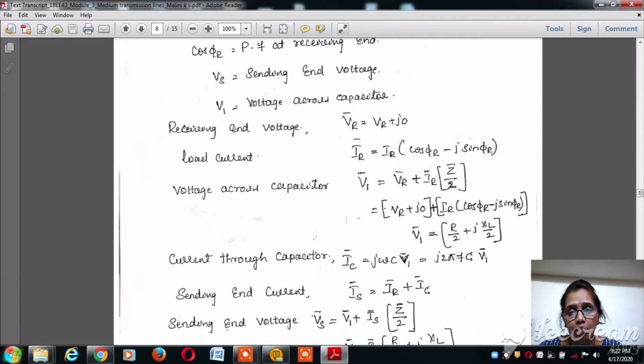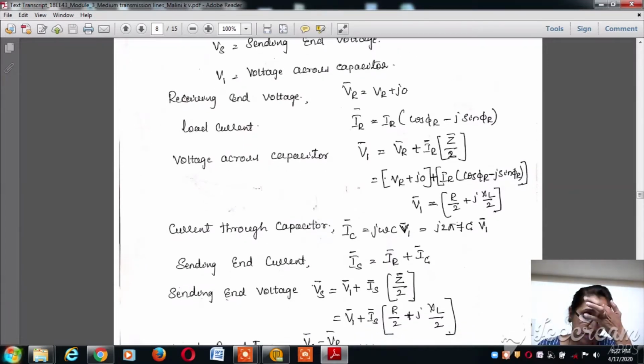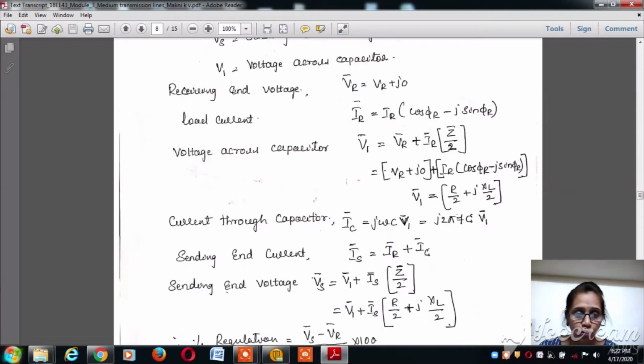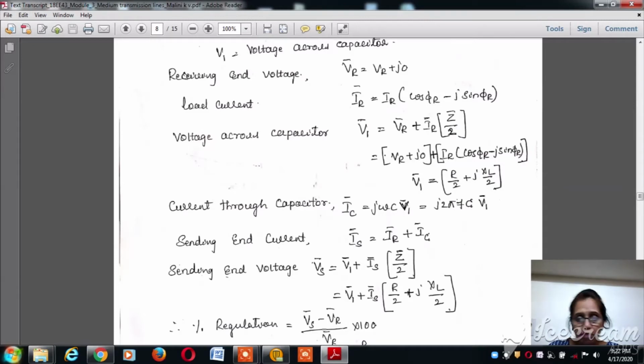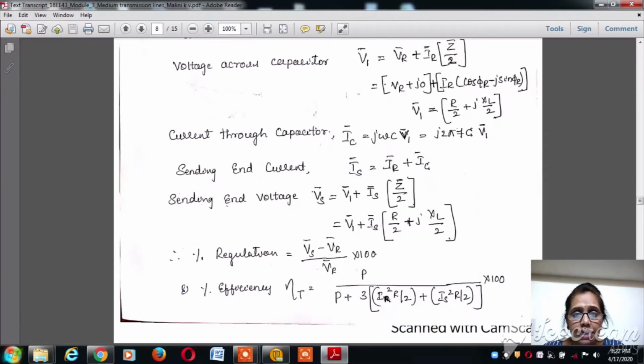V1 is equal to VR plus IR into Z divided by 2, because Z is the total impedance of the line and on either side we have half of Z. That is, V1 is equal to VR plus j0 plus IR into (cos phi R minus j sin phi R) multiplied by (R divided by 2 plus jXL divided by 2). Now the current through the capacitor IC is equal to Y into V1, where Y can be written as j omega C, so IC is j omega C into V1.